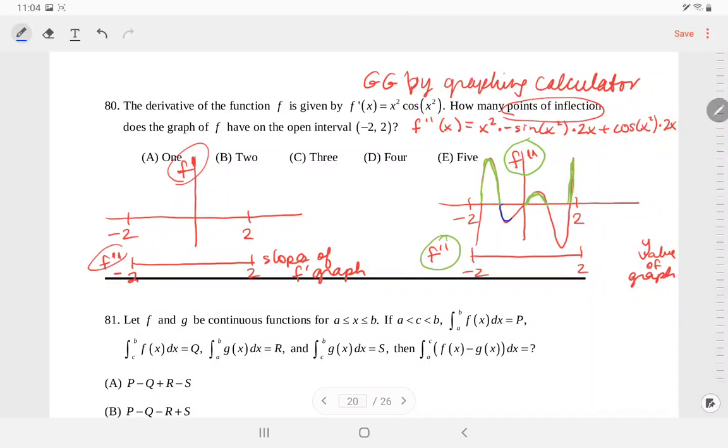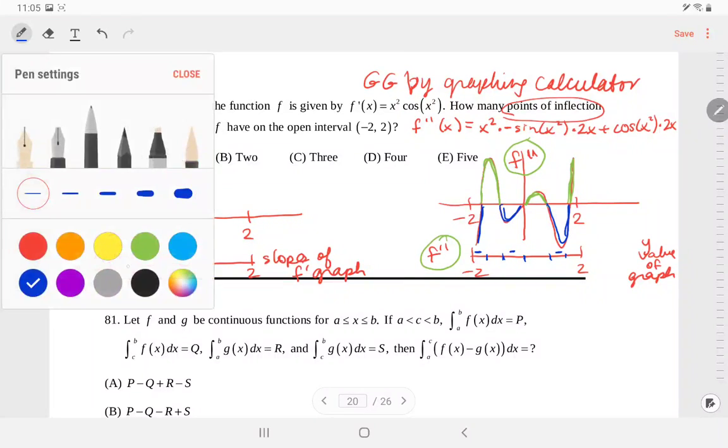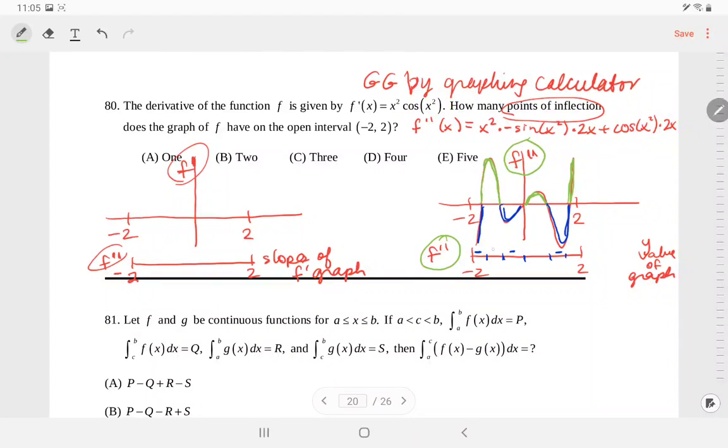Okay, and then this is below, below, below. And I'm not looking at slope because I'm looking at an f double prime, so then you do y values. So that's below, this part's below, this part's below, and then these green parts are above.